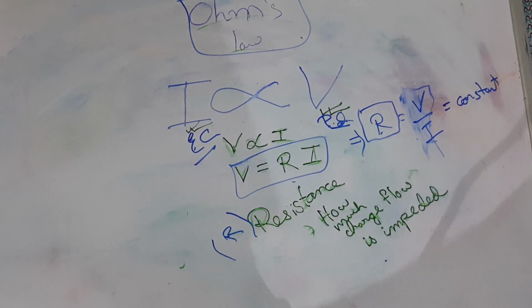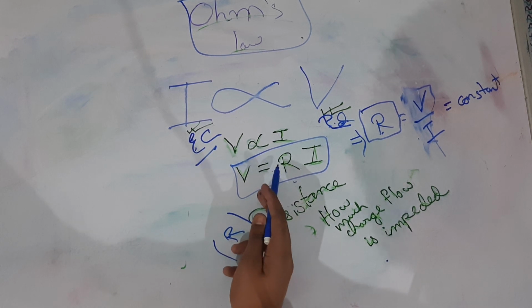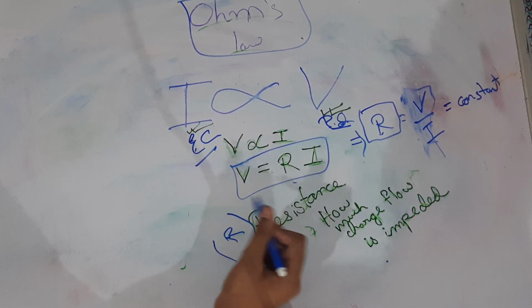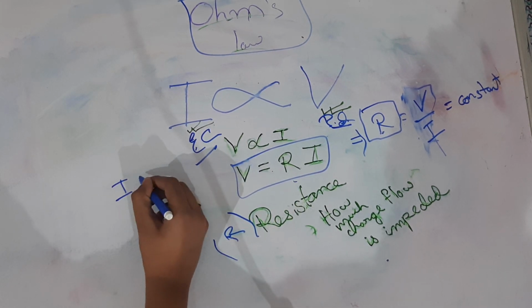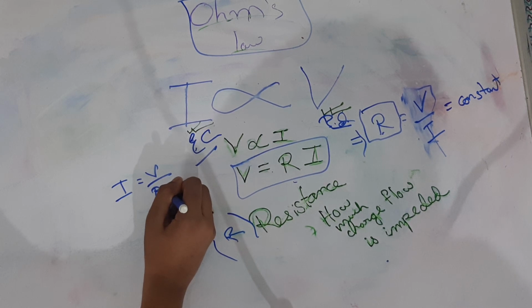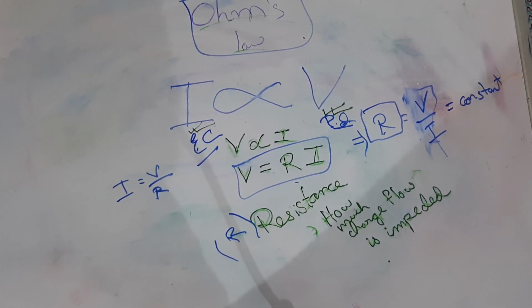Till here we have done. Now, if you look at this, V is equal to R I can also be rearranged as I is equal to V by R. So this is the formula for electric current.